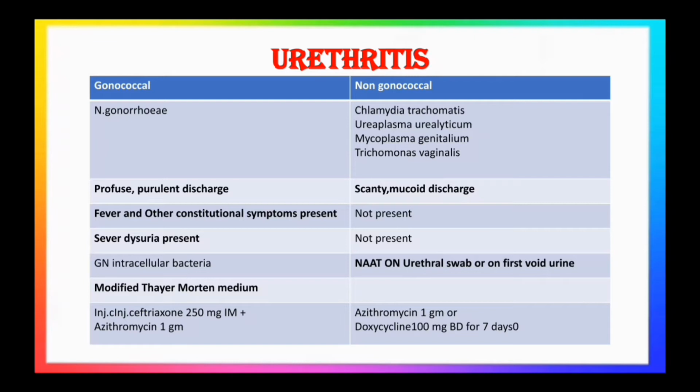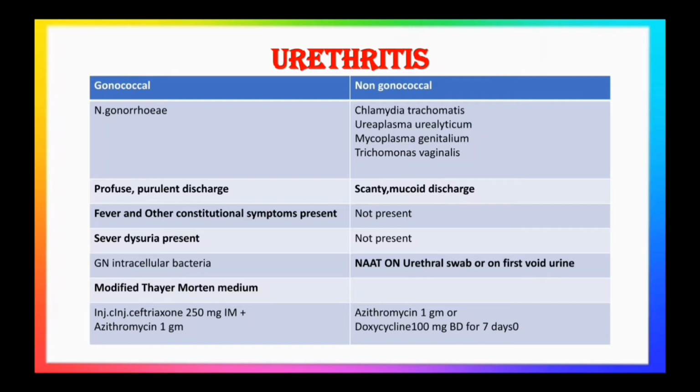If you take a sample and stain it with gram stain, you will see gram negative intracellular bacteria in gonococcal urethritis, and the investigation of choice in non-gonococcal urethritis is NAT, nucleic acid amplification test, on urethral swab or on first void urine.